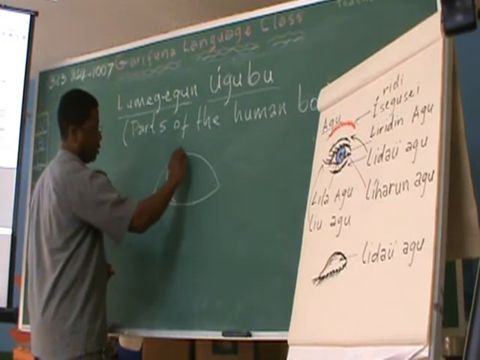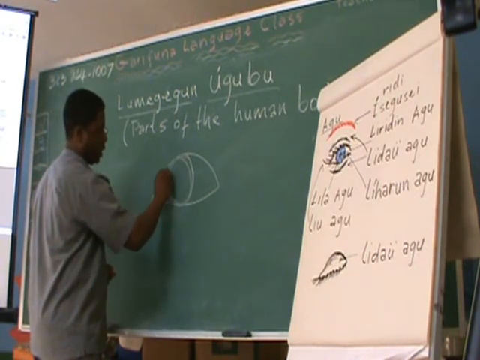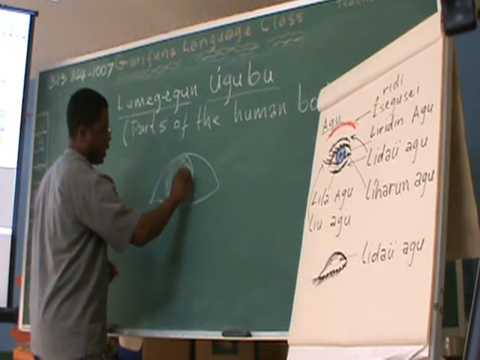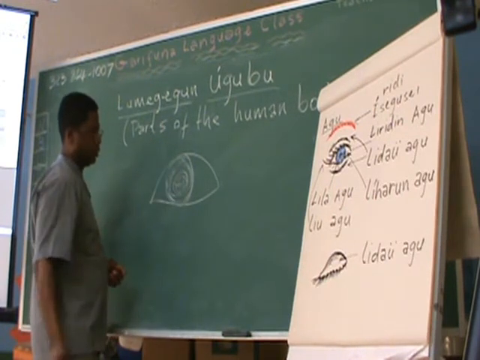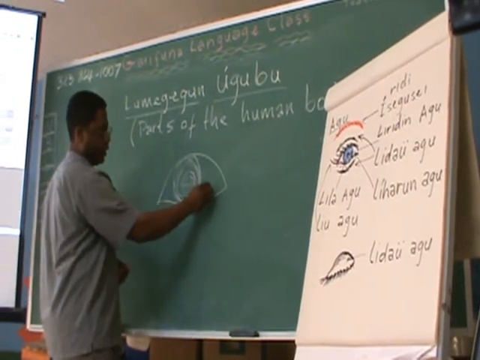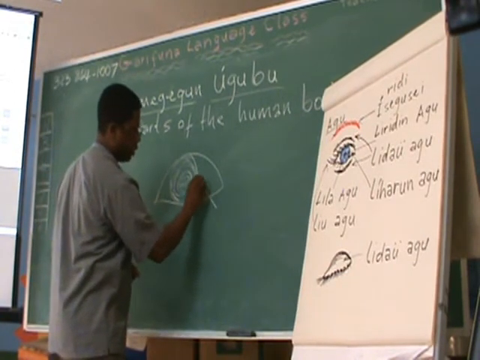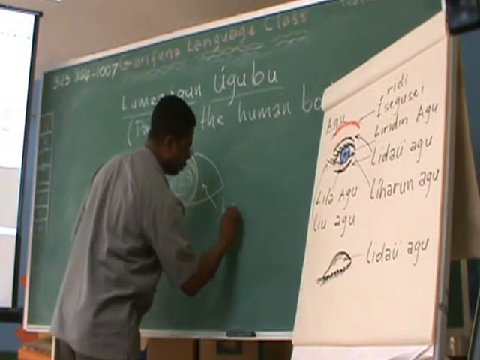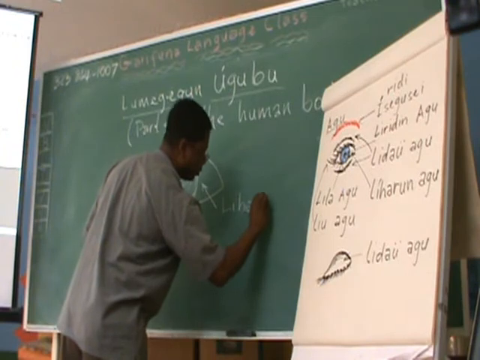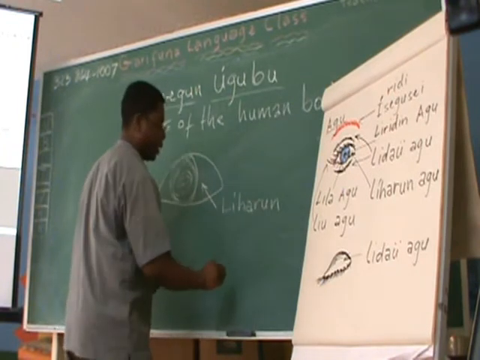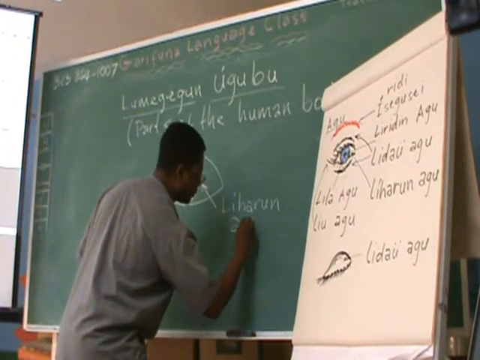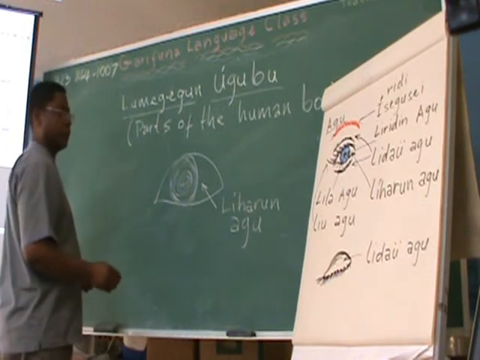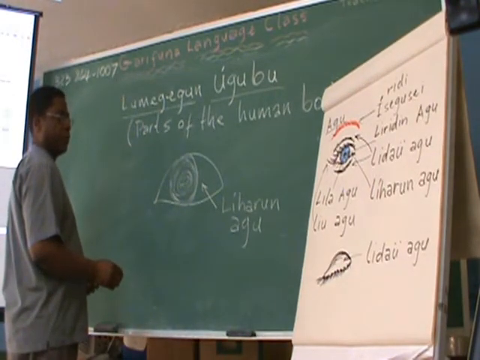Thank you. This is Liridiagu. And this is Liharu. This white part is Liharu. Lila is the part of circles.